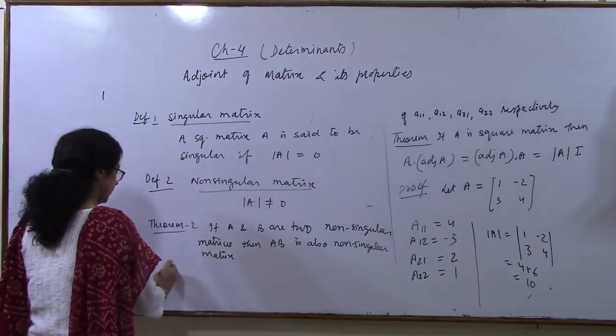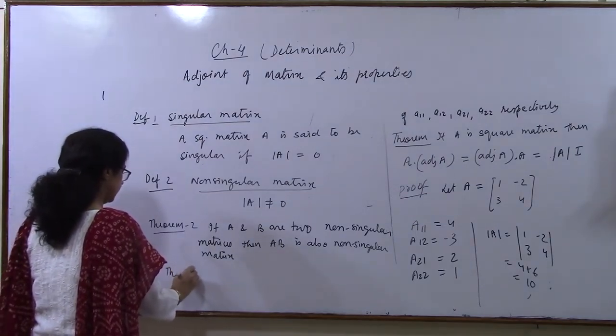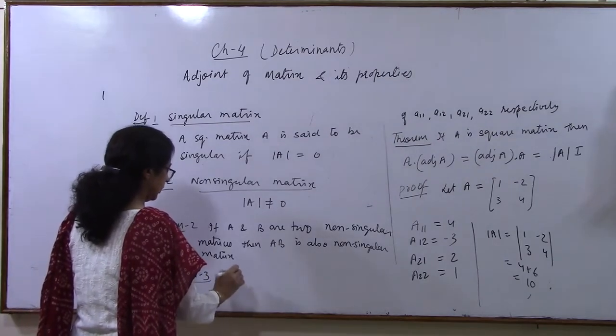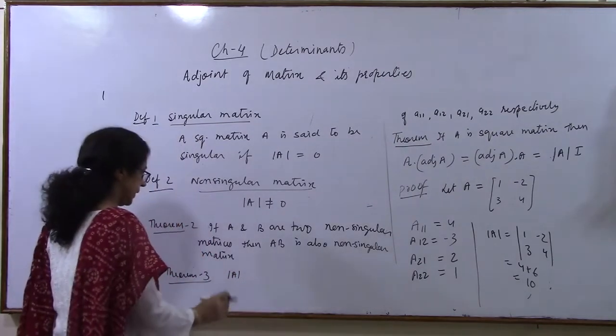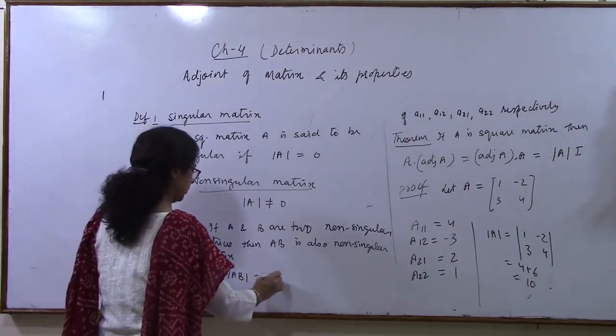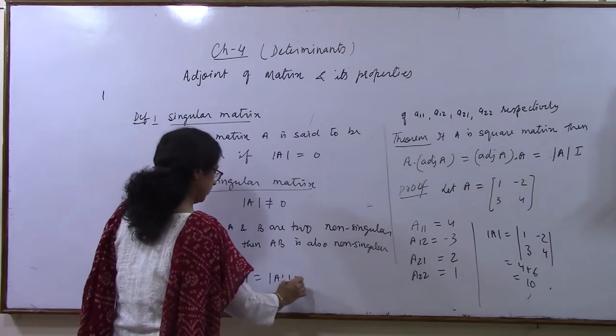And theorem third, if A and B are matrices of the same order, then determinant AB equals determinant A times determinant B.